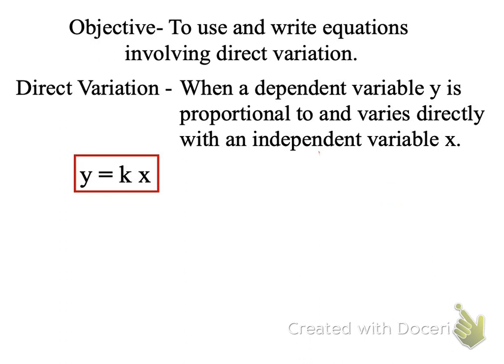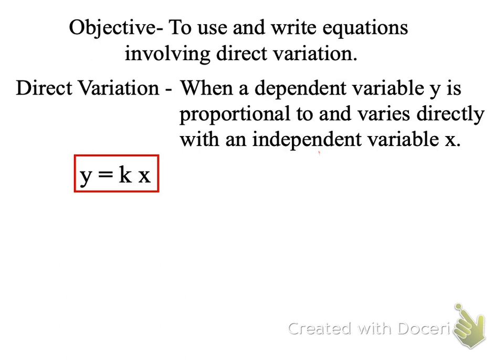Back in 7th grade, in Math 7 or Accelerated Math 7, you learned about the constant of proportionality. Do you remember that? Okay, you should have gotten it in both Math 7 and Accelerated Math 7. That is your K. In slope-intercept form, it's your M. The K just stands for constant of proportionality.